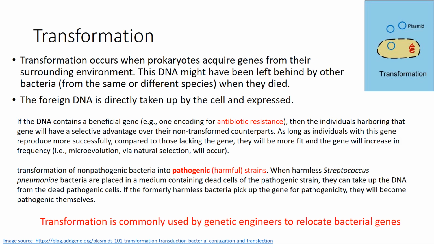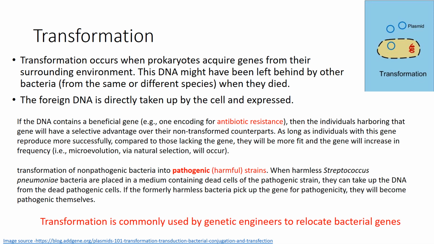And where does this foreign DNA come from? It is either left behind by other bacteria, which could be from the same or different species, when they died. So it could be just because the bacteria died, and this DNA can be from the same species or a different species.